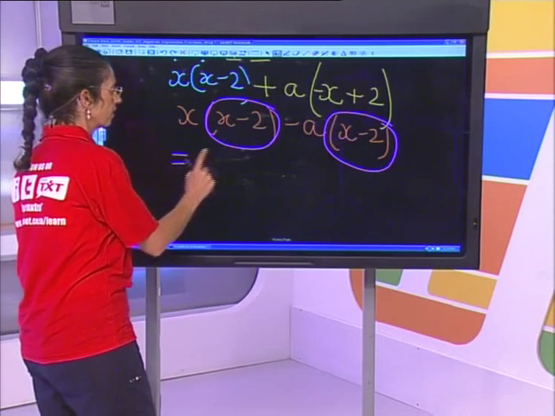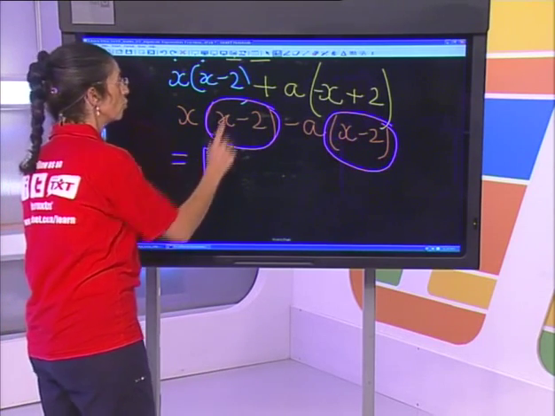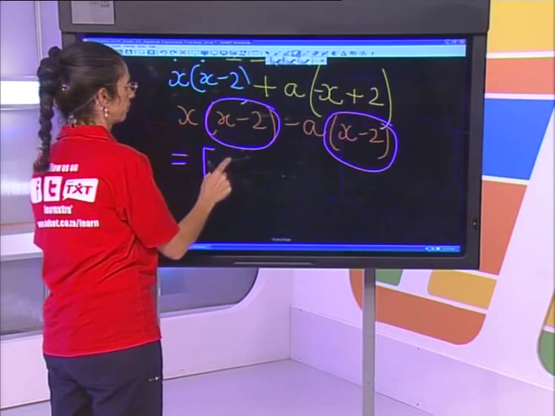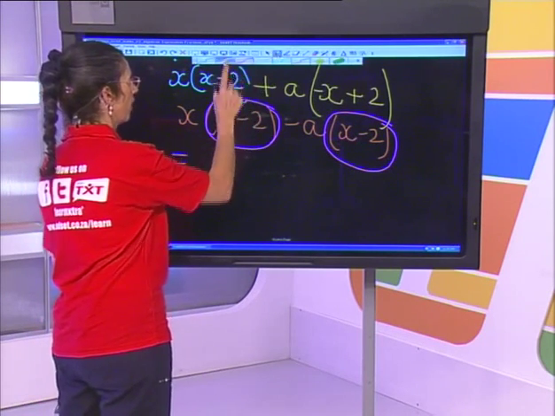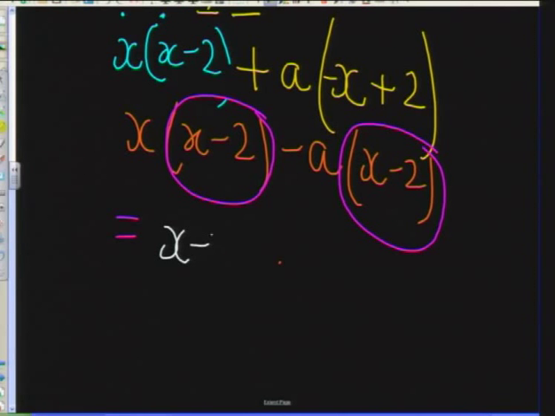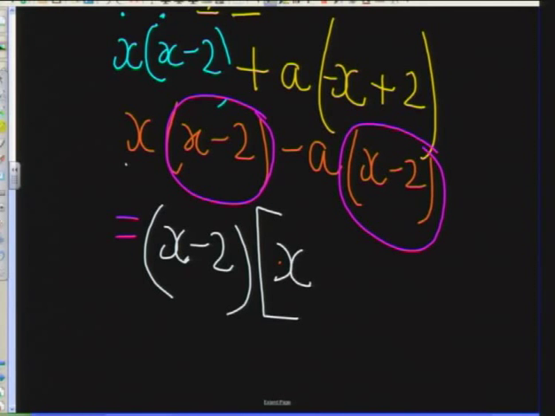So if I take out this X minus 2, and that becomes our common factor, I'm now left with what? Out came the X minus 2, so I'm dividing by X minus 2 goes in there once, I'm left with X, and I've taken out the X minus 2, I'm dividing by X minus 2, so I'm left with A. Right, so that's my common factor.